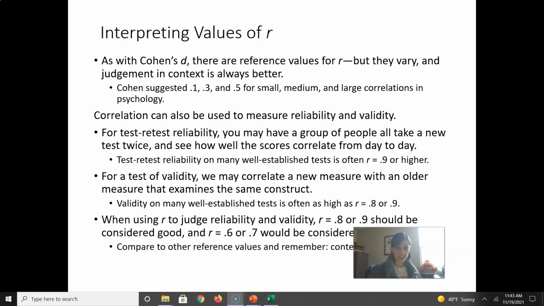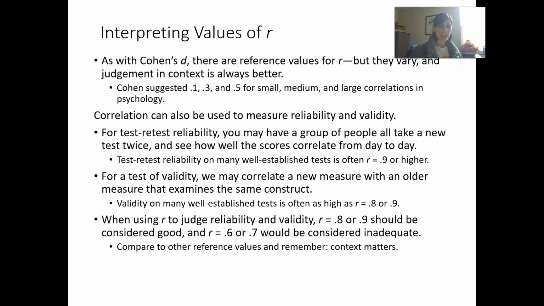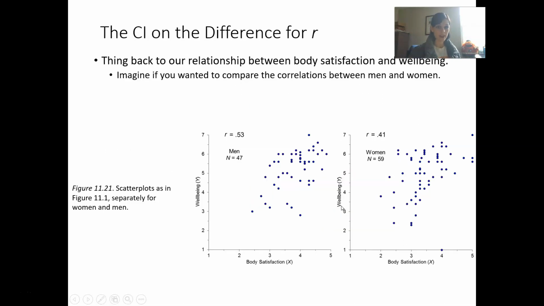So when we're using r to judge reliability and validity, you should consider an r of 0.8 or 0.9 good. And if it's 0.6 or 0.7, it is not good enough. Generally, compare it to other reference values, other research studies in your field, and remember that context matters.